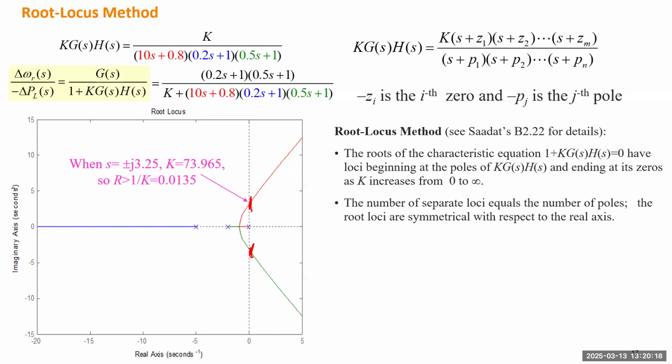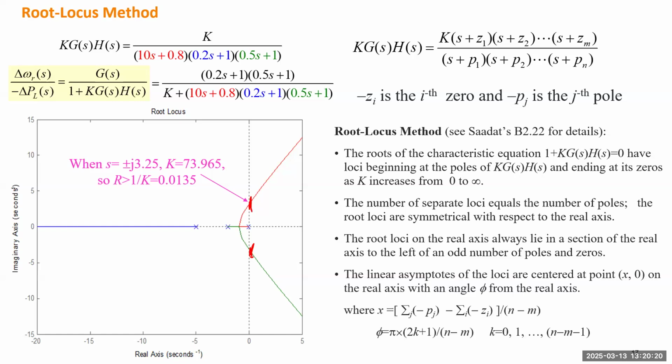There are more details telling you how to draw each individual root locus. For instance, the third rule: the root loci on the real axis always lie in the section of the real axis to the left of an odd number of poles and zeros.